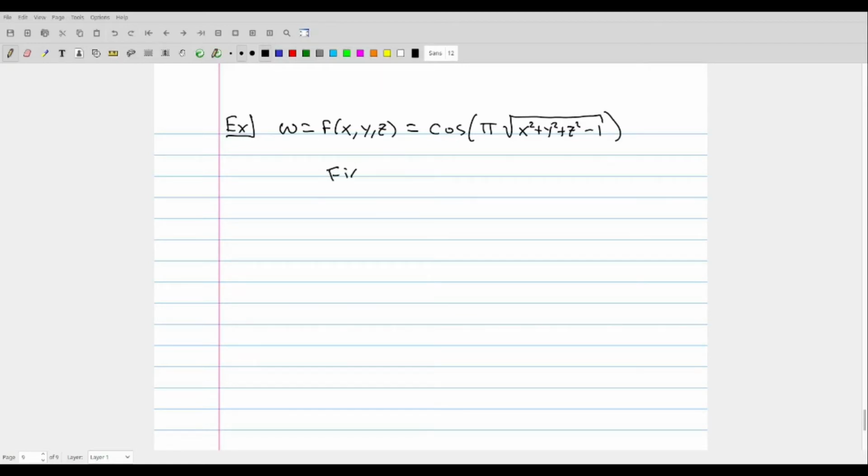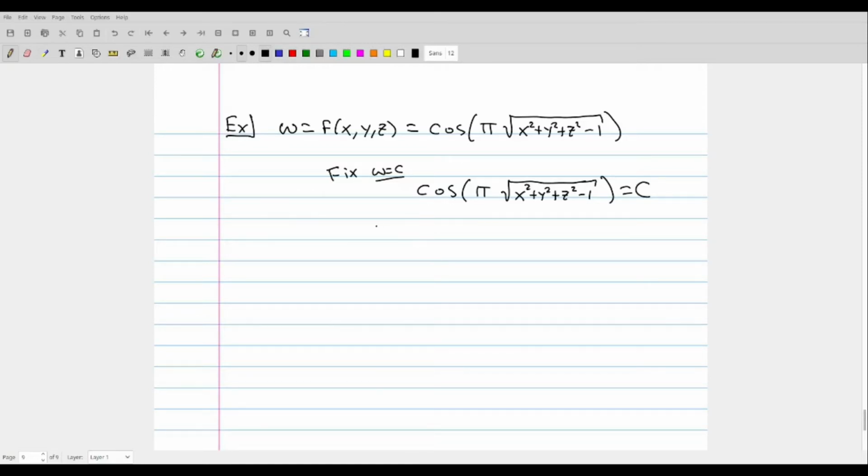So to find the level surfaces, we fix w equals c, and then we look at the equation that we have here, which is cosine of pi times the square root of x squared plus y squared plus z squared, minus 1, equals this fixed value of c.